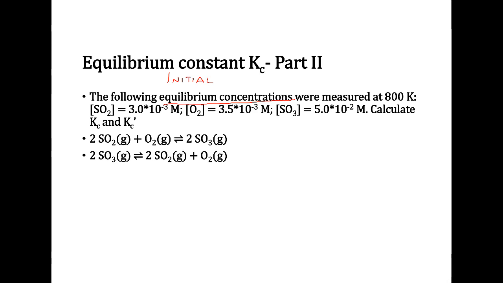So why don't you plug in and check your answer to see that you get Kc equal to 7.9 times 10 to the fourth, and Kc prime is equal to 1.3 times 10 to the negative fifth.